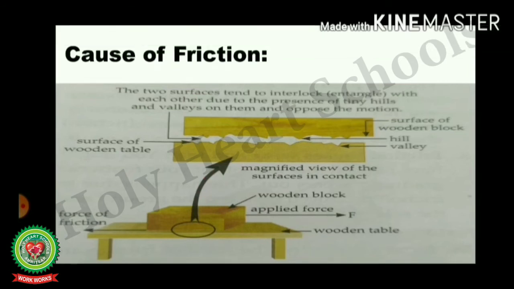Why does it happen? When seen under a microscope, every surface has small ridges and valleys. This is a hill and this is a valley. The cause of friction is the interlocking of two surfaces and it opposes the motion of one object over another.